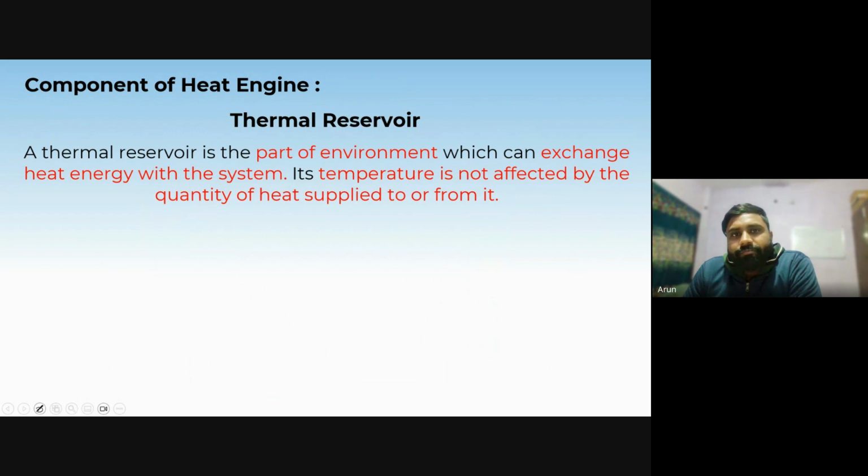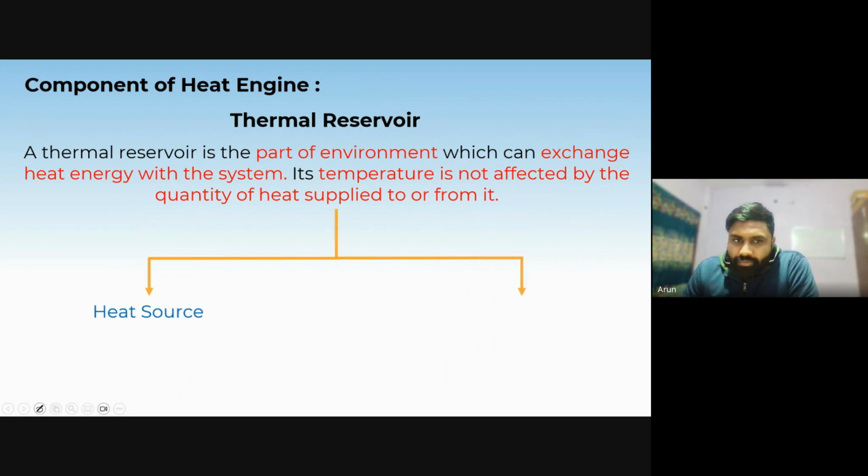Now the components of heat engine. We will have thermal reservoir. Reservoir is a system in which if you take some amount of heat, the temperature of the reservoir will not change. This is the property of it. So thermal reservoir is a part of environment which can exchange heat energy with the system, and the temperature is not affected by the quantity of heat supplied to it. So there are two types here, the heat source and heat sink.